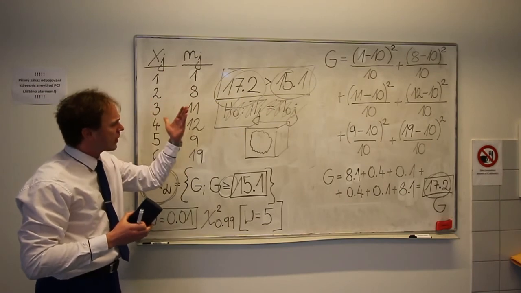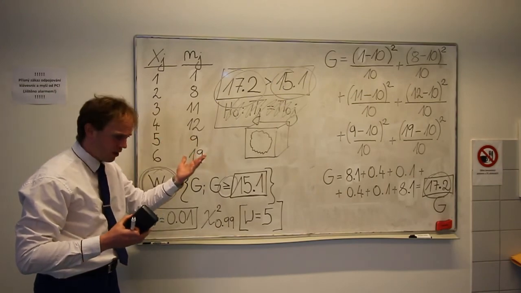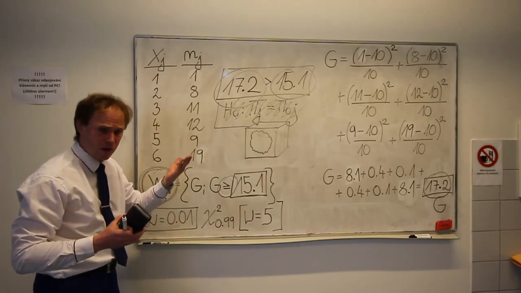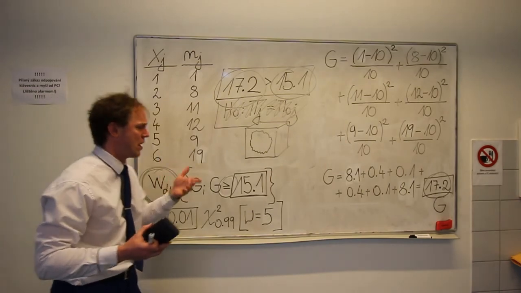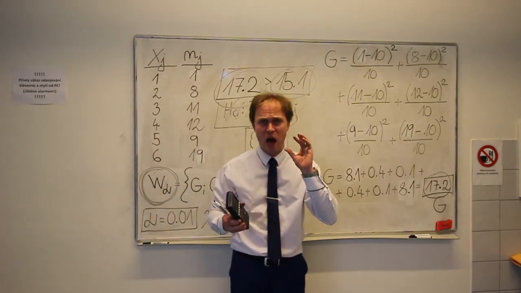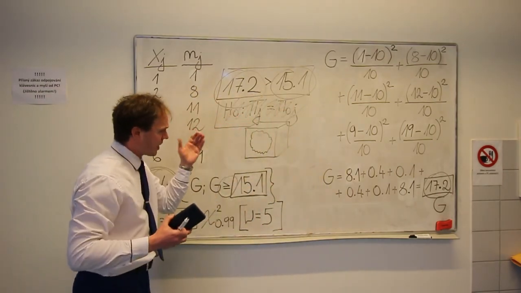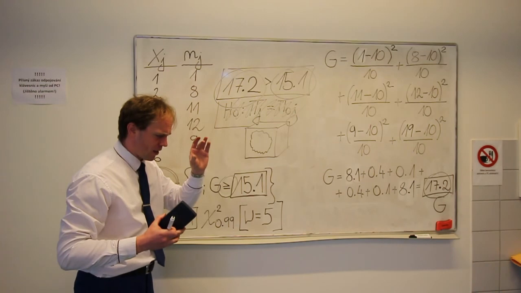So we rejected the hypothesis that the dice is fair. It's not a fair dice now. It's not an independent dice. So we rejected something like independence.